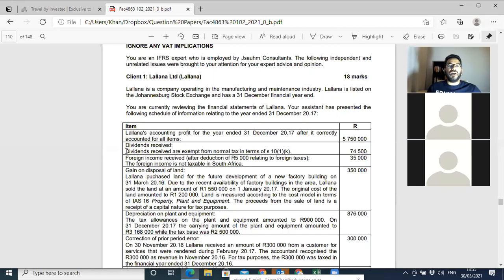So you must already know that all they can test you on is conceptual framework, presentation of financial statements, inventory, income tax, changes in accounting policies, estimates, and correction of errors, and fair value. Okay, so that is the six for CTA 2 students with fair value, for CTA 1 students, no fair value. Okay, so fair value is only in CTA 2.